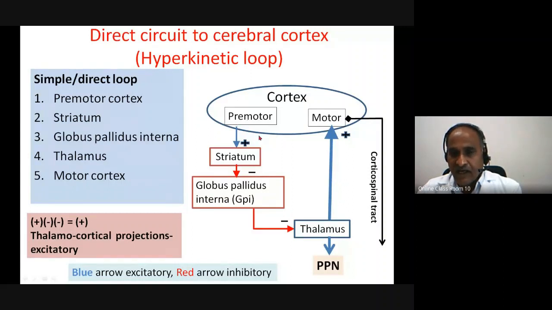Here is the loop. This is the premotor cortex to the striatum. Striatum consists of caudate nucleus and putamen, and then it goes to the globus pallidus interna, and then from the globus pallidus interna, the fibers reach the thalamus and back to motor cortex.